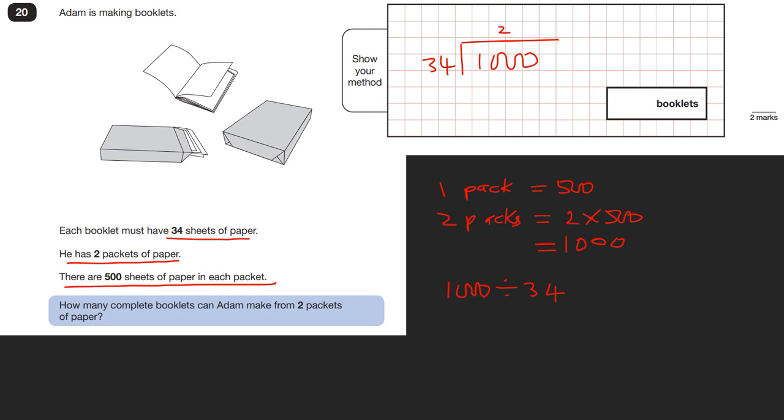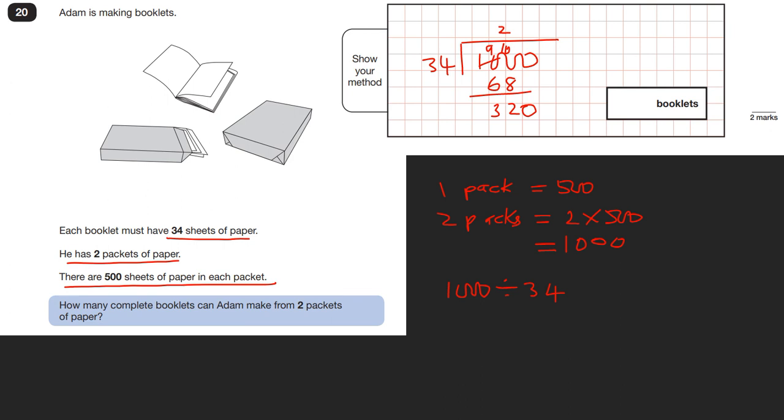Nearly 2 times 34 is 68. Column subtraction, 100 take away 68. You know how to do that one. So 10 take away 8 is 2, 32 and 320. I would say 9 times 34.